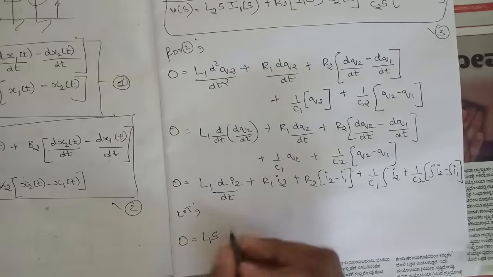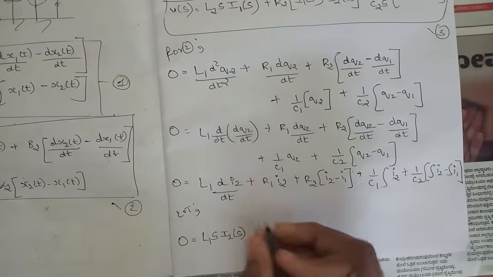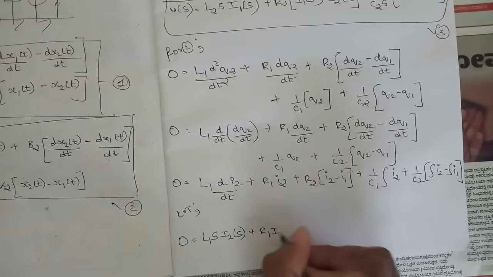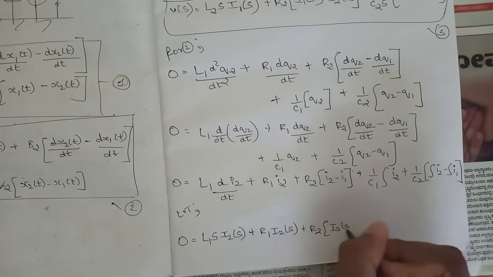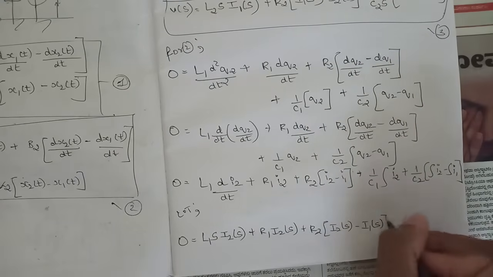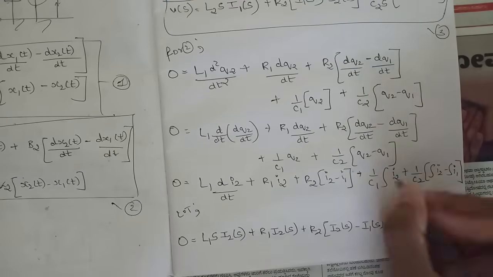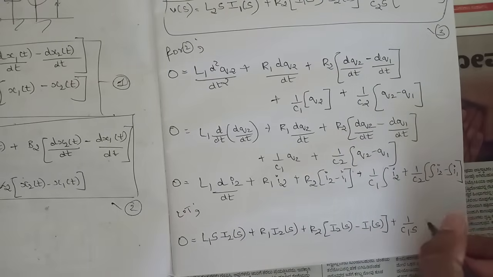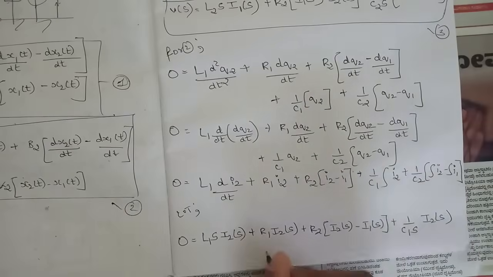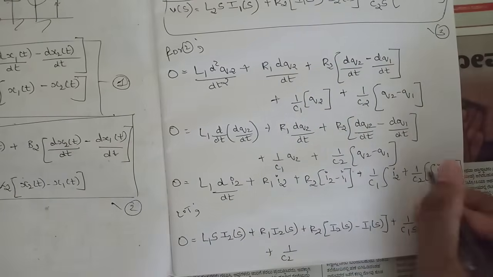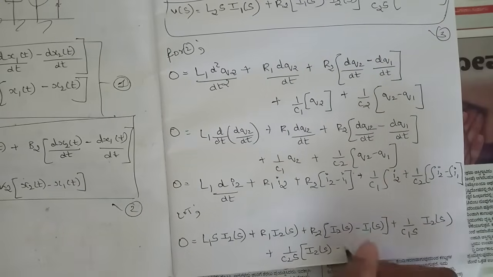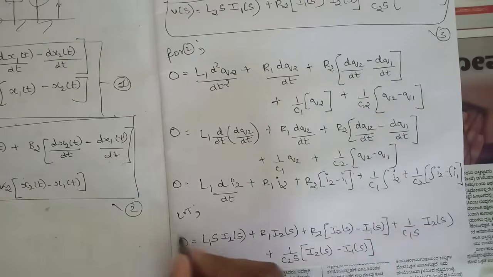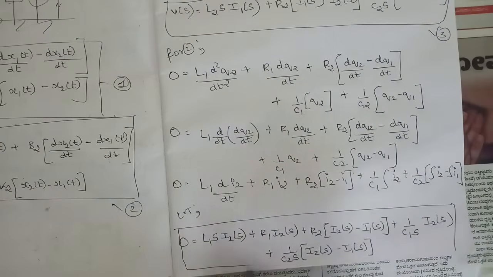L1 d by dt is replaced by S, I2 is replaced by I2 of S plus R1 into I2 of S plus R2 into I2 of S minus I1 of S plus 1 by C1, and integration is replaced by 1 by S, so 1 by C1S into I2 of S plus 1 by C2, and take this common integration out, so it would be 1 by S again, 1 by C2S I2 of S minus I1 of S. So this is one more equation after applying the Laplace transform.